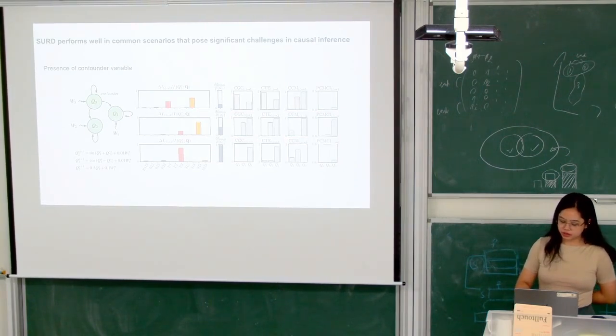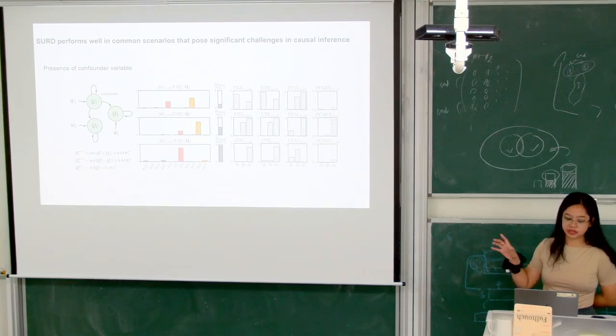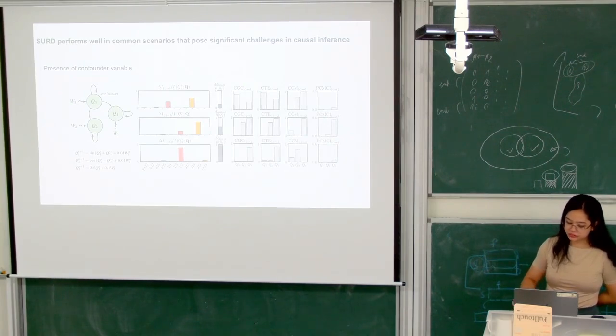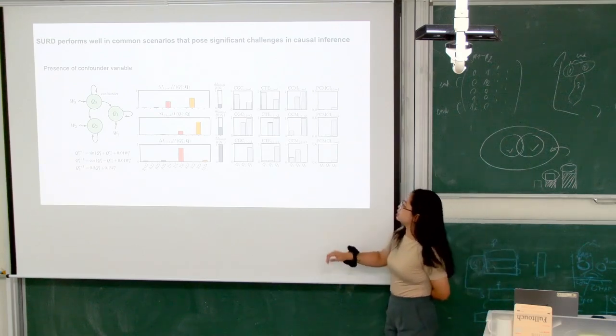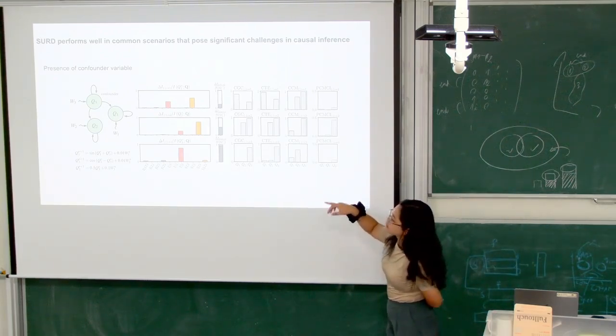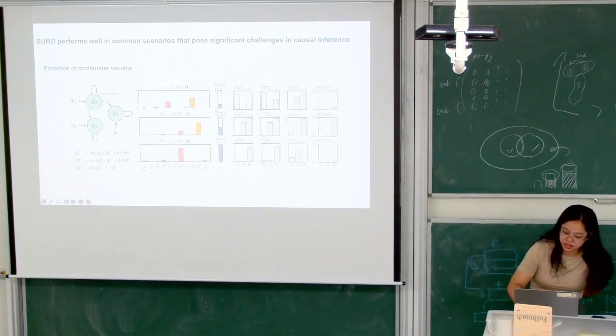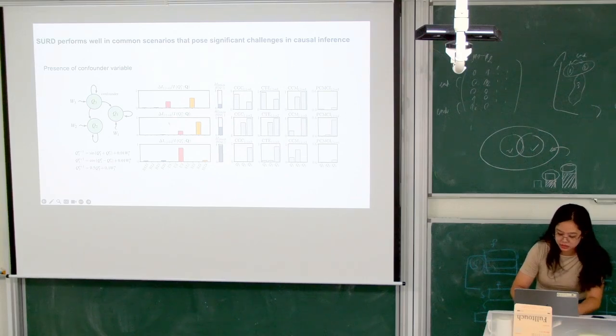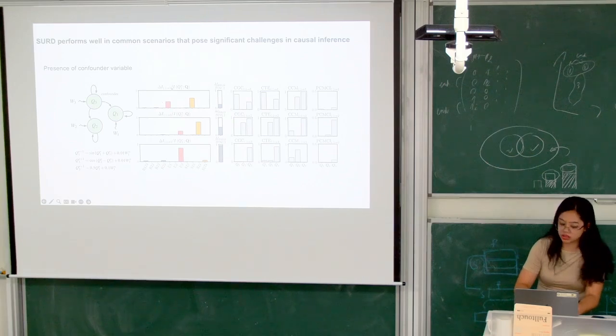In the presence of a confounder variable, here Q3 affects Q1 and Q2 both at the same time. And you can see from the performance of CERD that it can detect the unique causality from Q3 to Q1, and the synergistic effect from Q1 and Q3 to Q1.